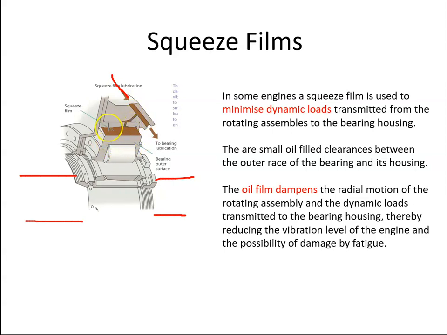So we get this little film of oil, so that when the shaft vibrates, this race moves up and down, compressing the oil and then decompressing it, and that dampens out the vibration.